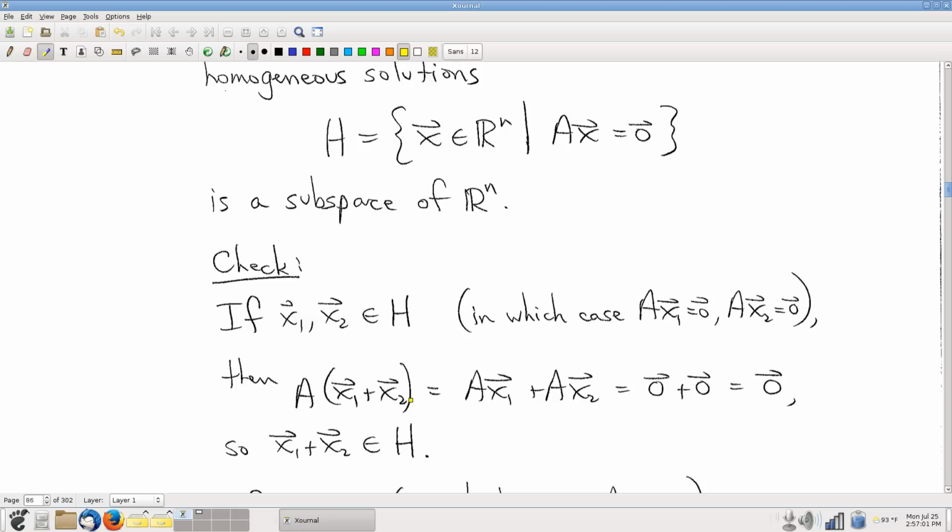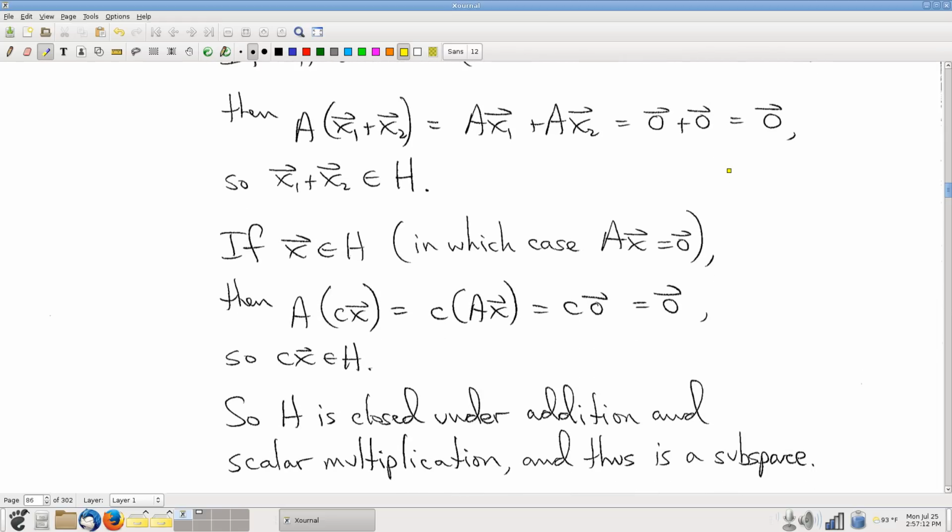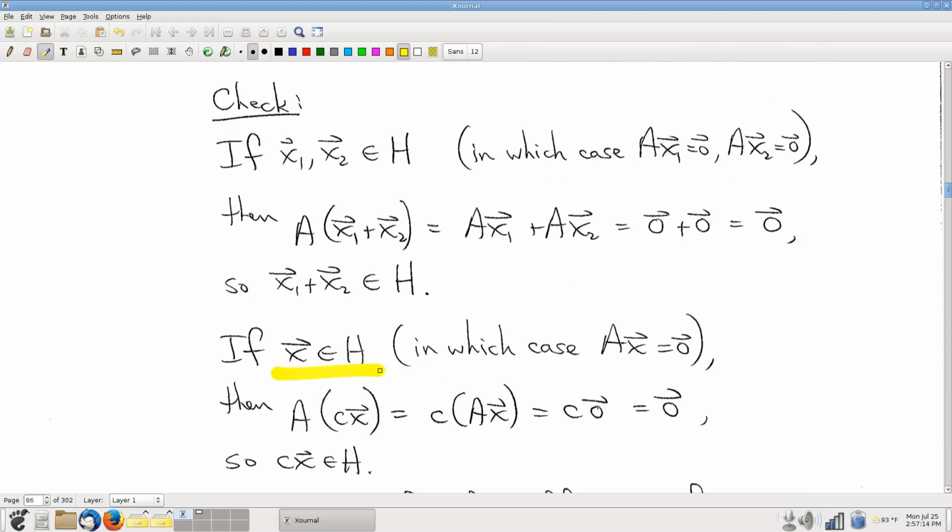So a bunch of words to be said, but those ideas are all represented in this relatively compact argument. Likewise for scalar vector multiplication, you have a vector in H. You need to show that all scalar multiples of it are also in H. This would be confirmed by that.